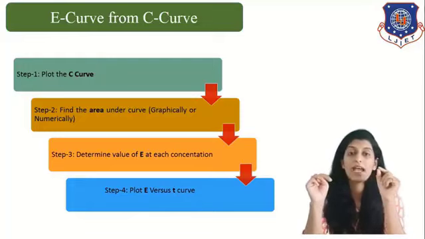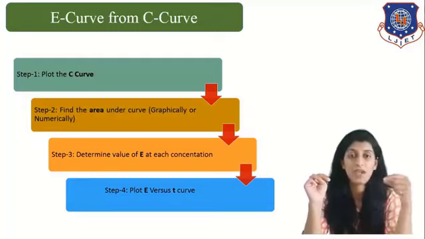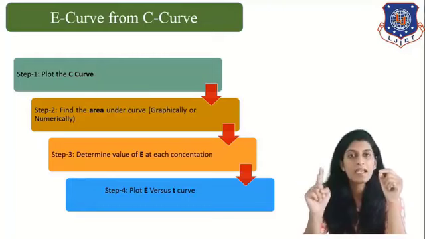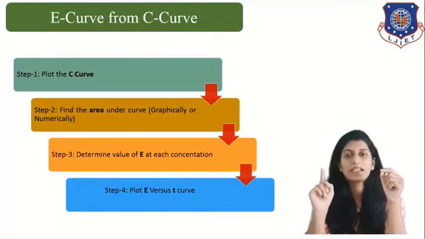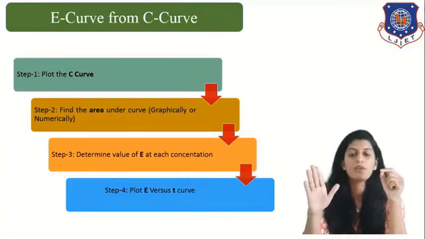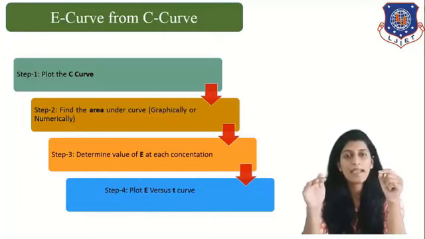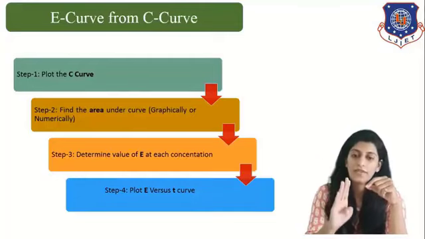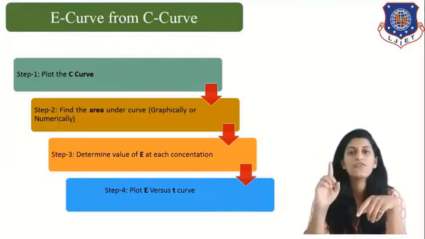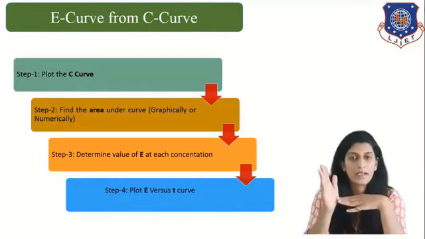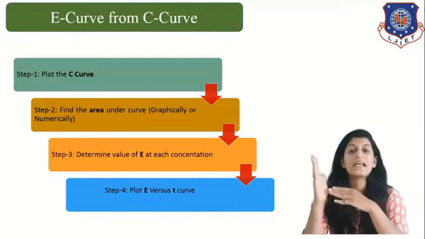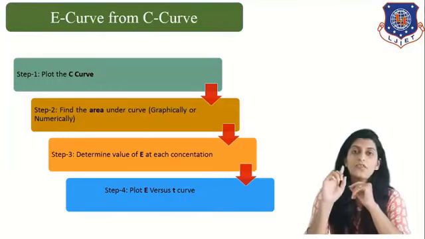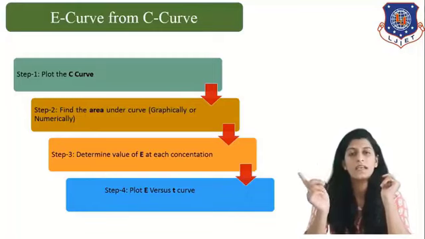We use the formula E equals C upon the integration of C(t) dt, and this gives the value of E at each concentration value. Once we have the values of E, we can plot a curve between E and t, with E on the y-axis and time on the x-axis. That is known as the E curve.